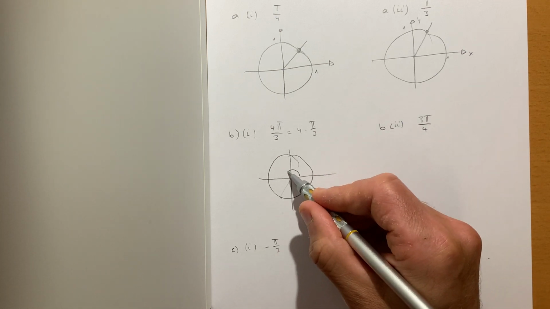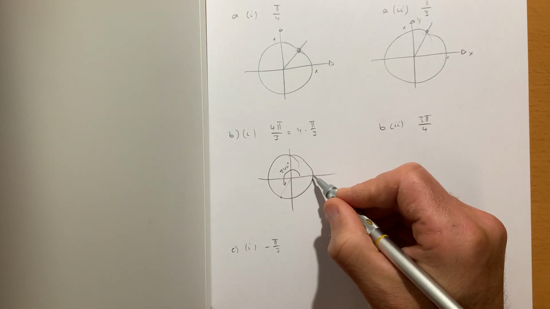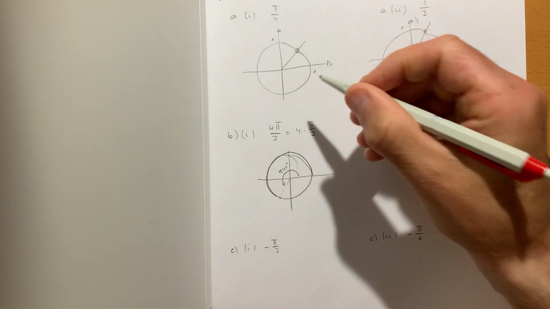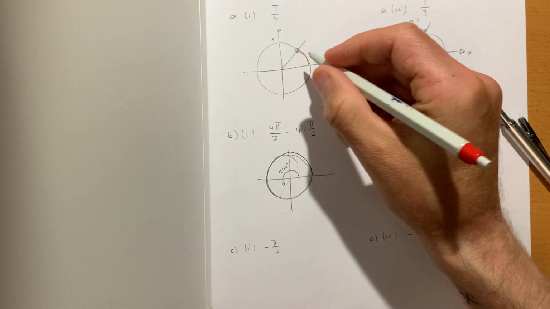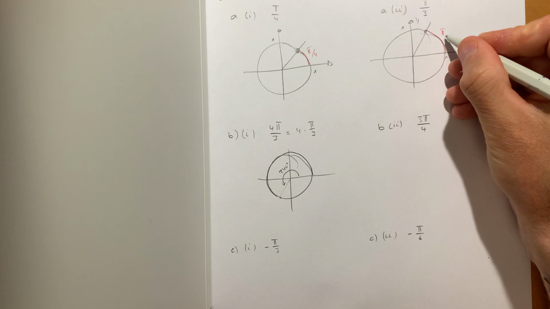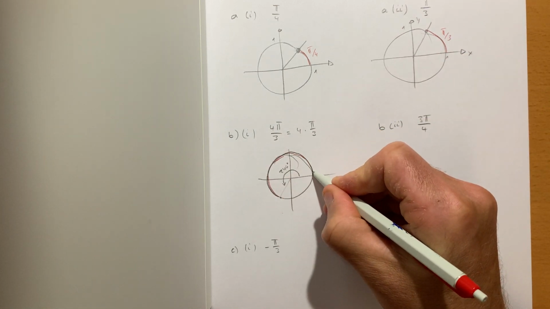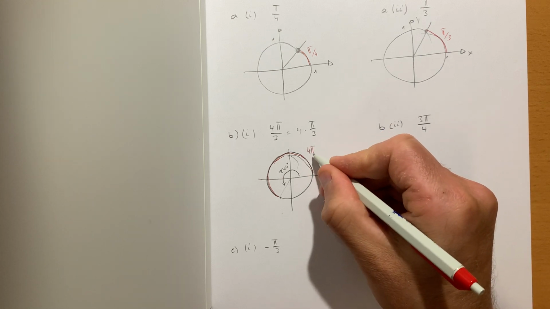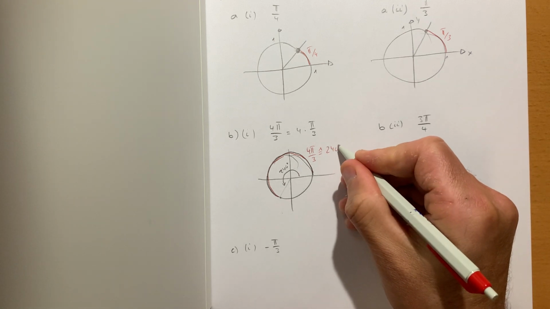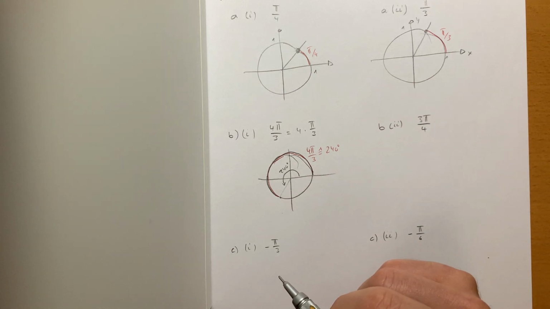So it's in fact 240 degrees, but we're talking about this arc length. Please keep this in mind. This arc length here is pi quarters. This arc length is pi thirds. And this arc length here in red is 4 pi thirds, which corresponds to 240 degrees. So it's in fact 180 degrees plus 60 degrees.